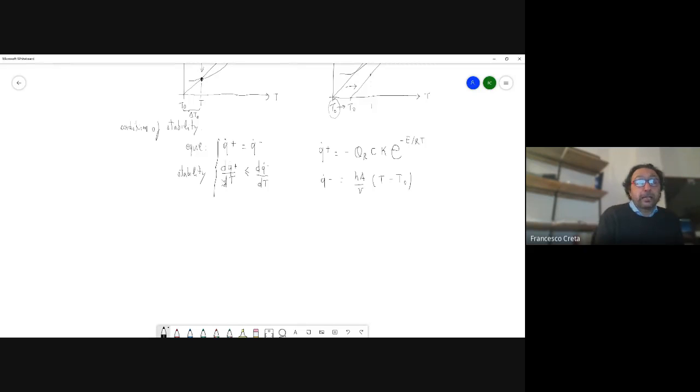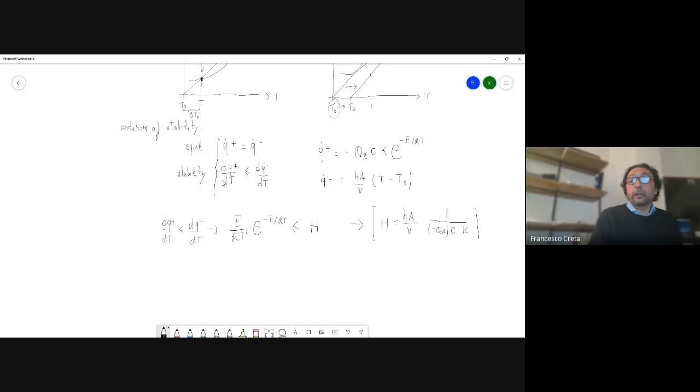So the derivative of Q plus, dQ plus over dT, compared with dQ minus, will give us something of this sort: E over RT squared times the exponential of minus E over RT, must be less or equal than, well, let me put H here, big H. And in this H, we have all of the constants, namely H, A over V, and then 1 over minus QR, C, and K. So it's a constant.